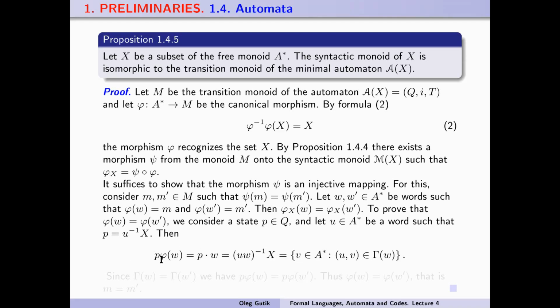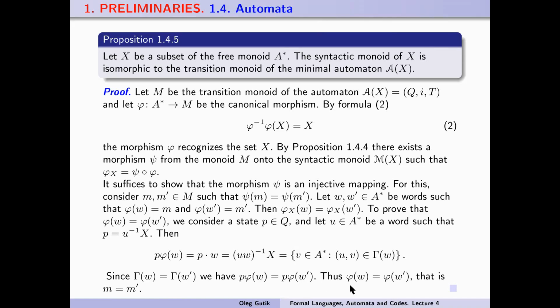Then we have that p·φ(w) is equal to p·w, which is equal to (uw)⁻¹X, and this consists of such words v of the free monoid generated by the alphabet A, such that uwv belongs to X. Since γ(w) coincides with the set γ(w'), we get that p·φ(w) is equal to p·φ(w').